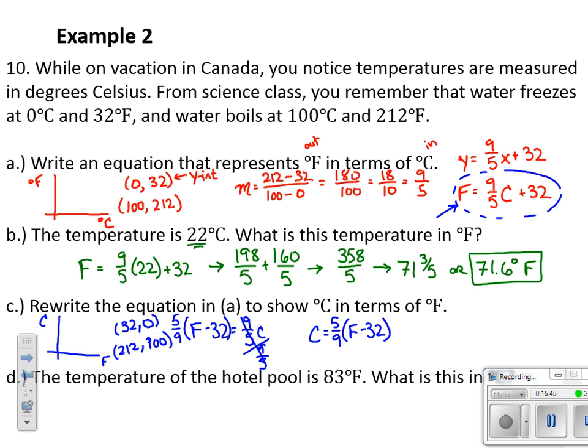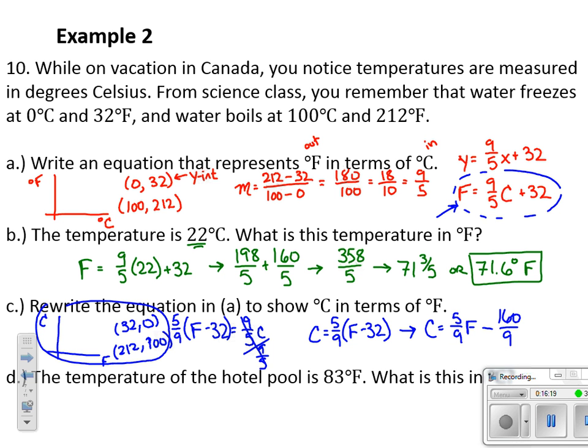Okay, and if we distribute, we find that Celsius is 5/9 Fahrenheit minus 32 times 5, again, there's 160 over 9. So there's our formula. We would have arrived at the same thing had we gone through this process over here using our 2 points. But the important thing to realize is now I've got something that if I plug in some degrees Fahrenheit, it will give me degrees Celsius.